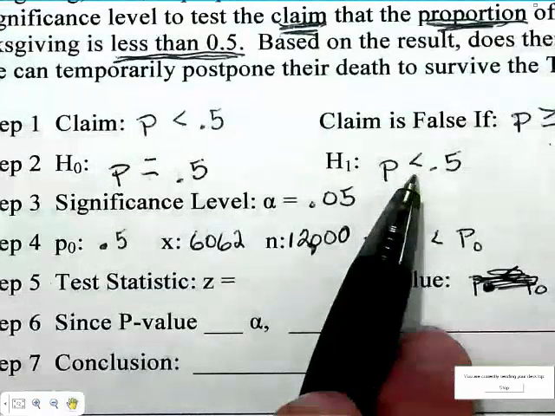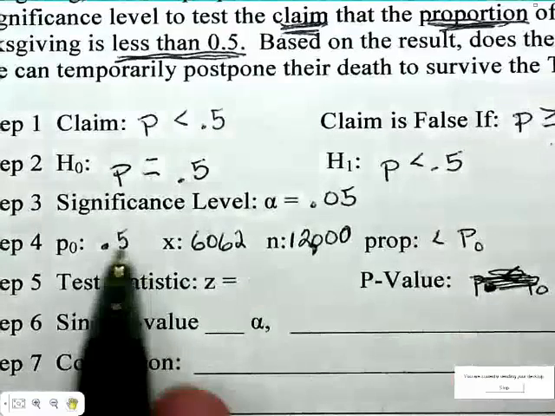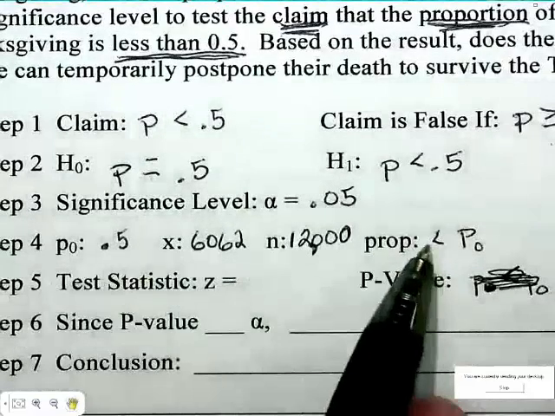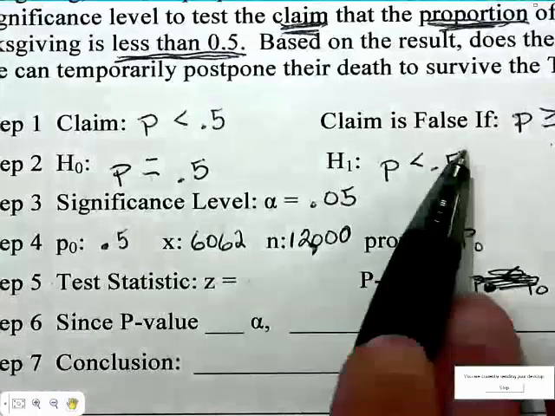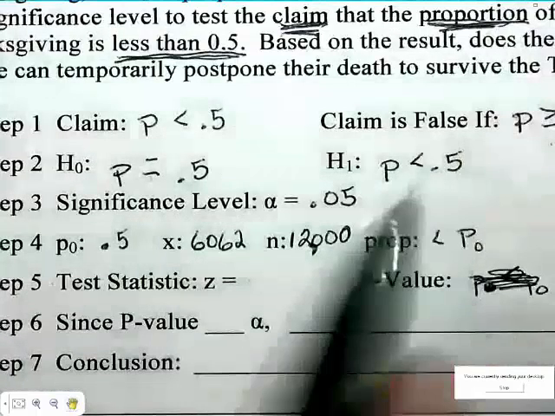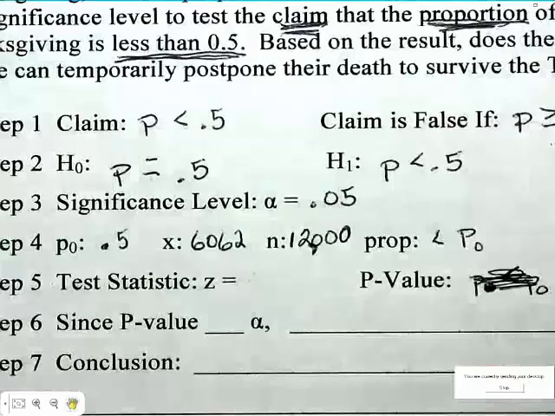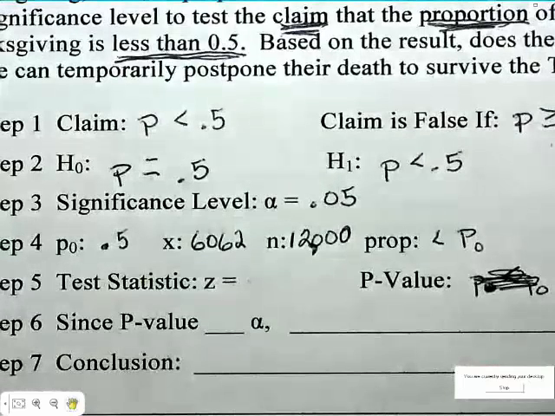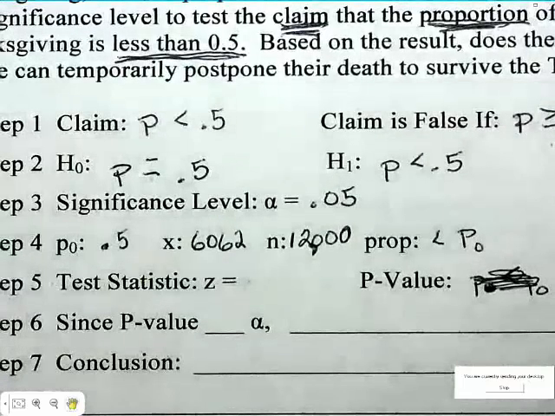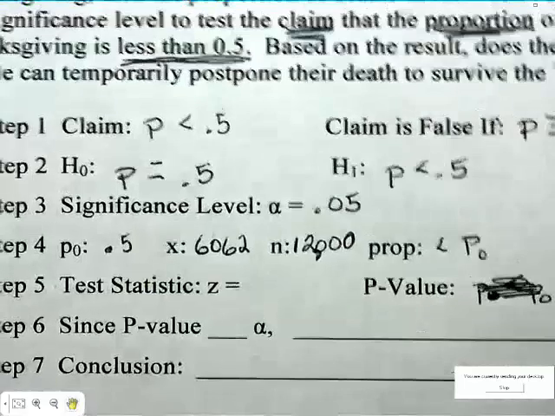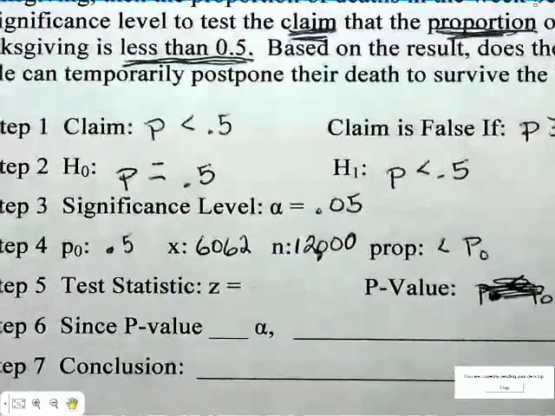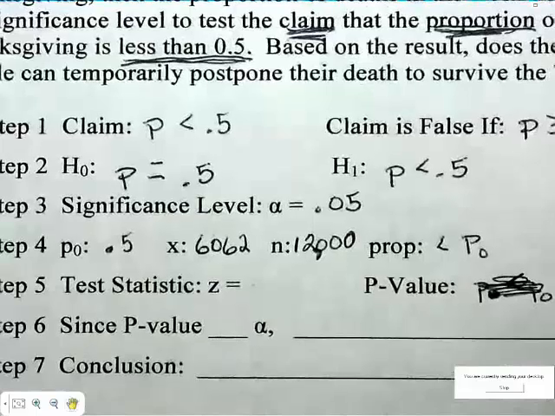Remember, p sub 0 is 0.5, and the test is that the population proportion is less than 0.5, and that's exactly what the alternative hypothesis was. Oh, okay. All right. You're just going to choose the less than on your calculator. All right. Anybody have it punched and give me z to 2 decimal places?